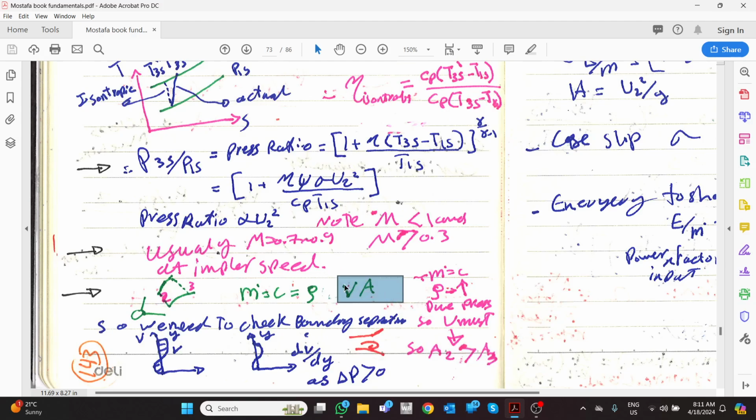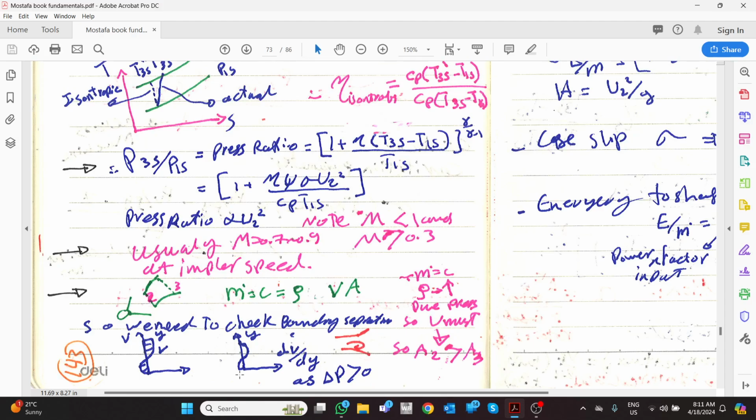Agreed? For this term to go down, the velocity needs to go down, and if the velocity needs to go down, you need to manipulate the area. So you need to increase the area. Okay. By the way, this is the wrong direction. It should be like this.